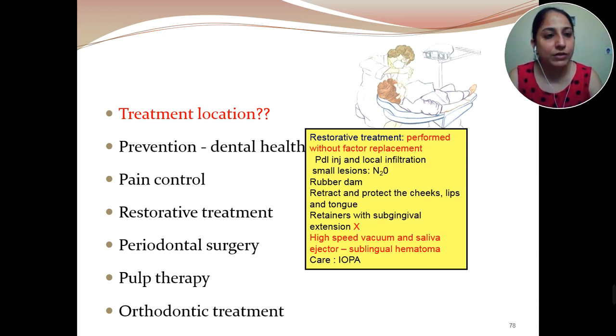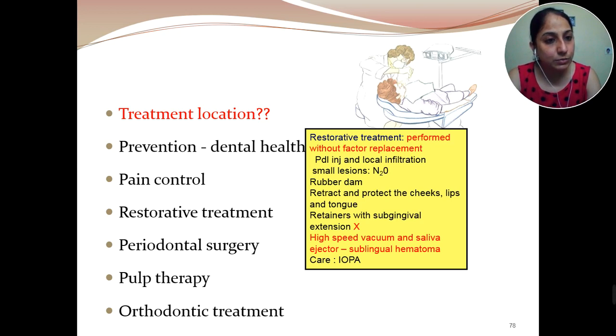For example, now when you are treating a patient, we generally keep cotton rolls to isolate the tooth structure, and then you have your suction tips placed on the cotton rolls. Now you would have noticed that when you remove the suction tip and then you try to remove the cotton roll, it is sticking to the mucous membrane.